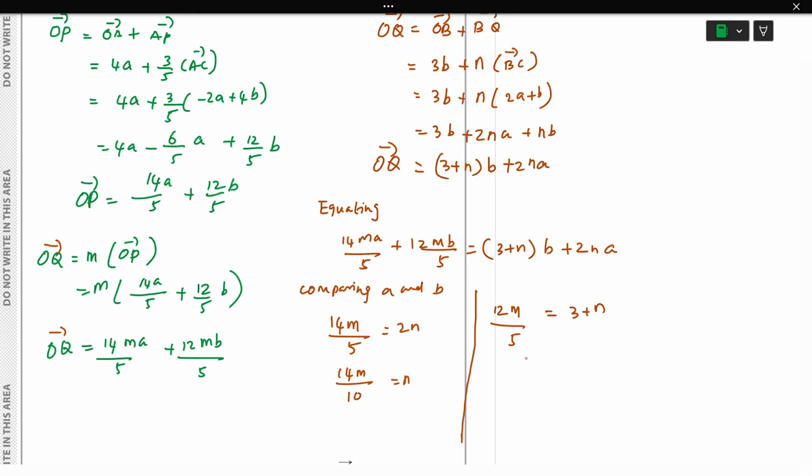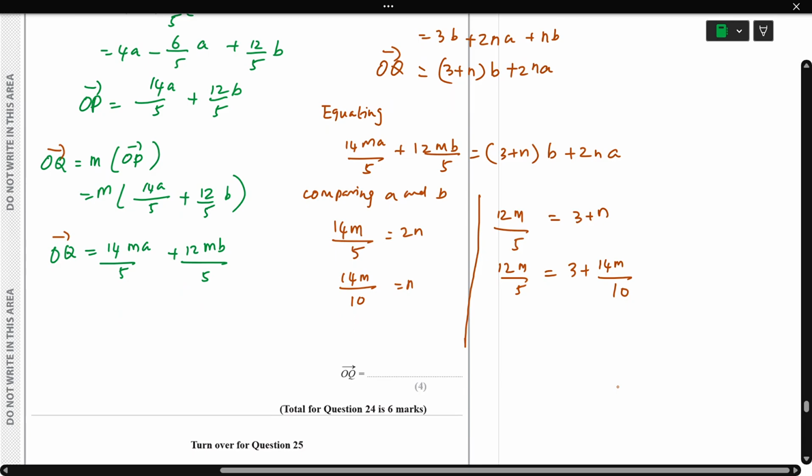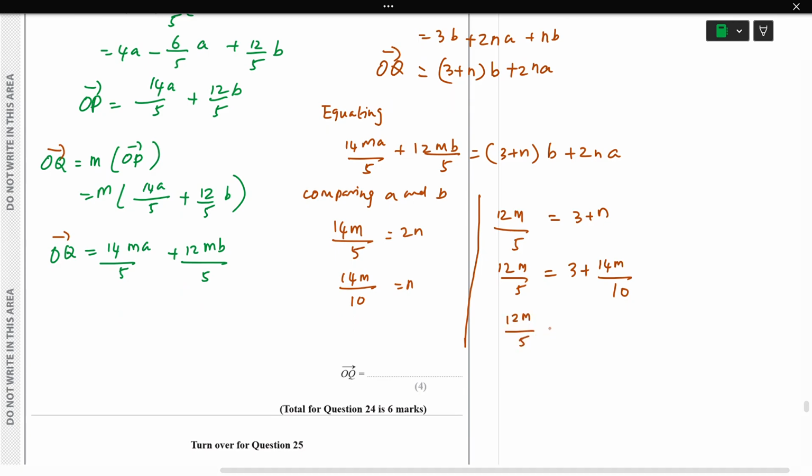So I'll substitute this N here. 12M by 5 equals 3 plus 14M over 10. So 12M by 5 equals, I'll take the LCM here, 30 plus 14M over 10.